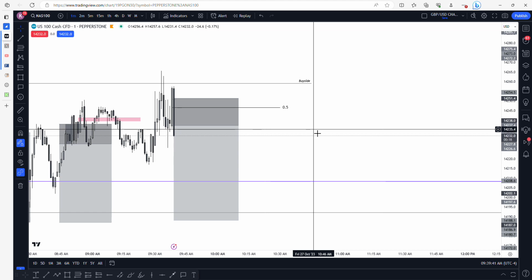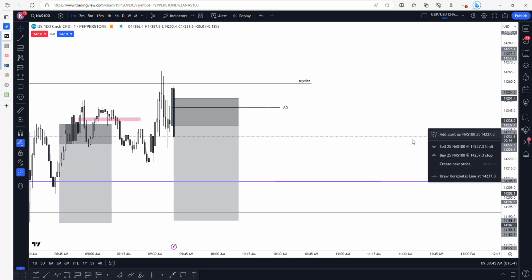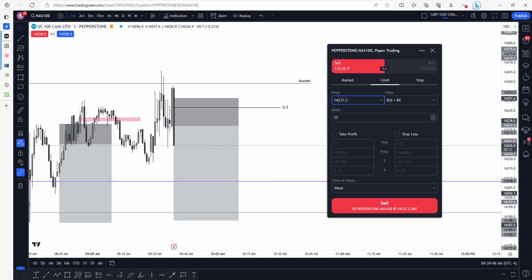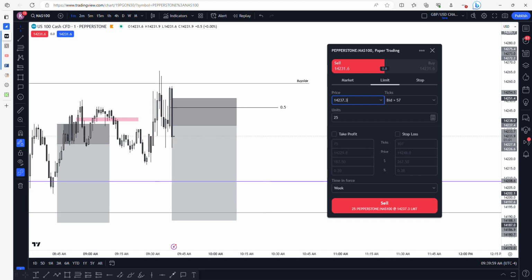Okay, as soon as it breaks the top of this, we are in. Get everything ready. It doesn't have to close below it, guys. Just needs to tap it. Nope, not just yet. Not yet. Get everything ready right here.